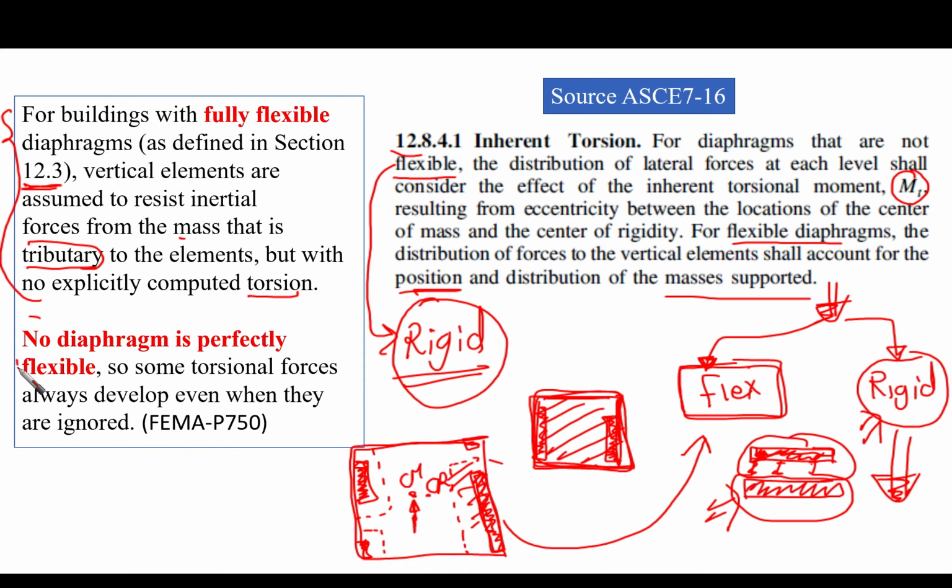We cannot assume any diaphragm to be 100% flexible, so some torsional forces always develop, even when they are ignored. Keep in mind that even though we said this diaphragm is flexible, there is some rigidity there, and there might be some torsion, but maybe it is ignored, as we said. This is from FEMA P750.